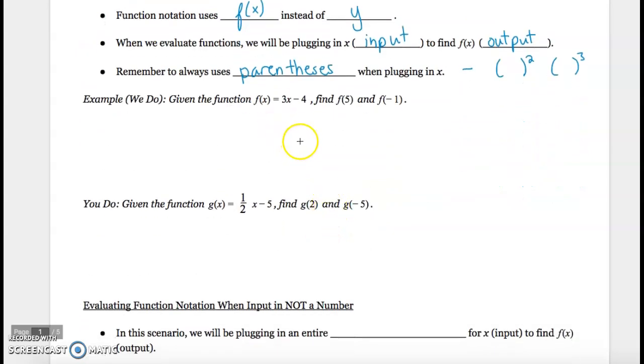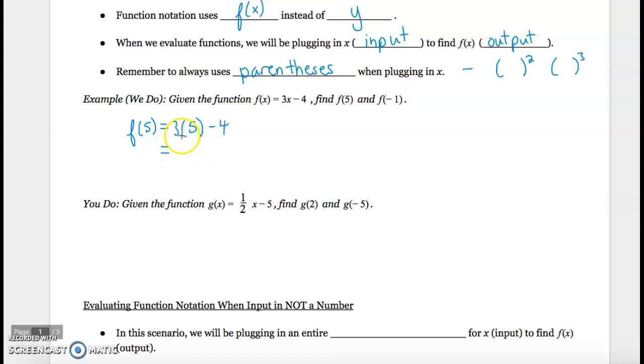So let's do a couple of examples when we're just finding inputs that are numbers and figuring out what their outputs are. If I am given the function f of x equals 3x minus 4, and I'm asked to find f of 5, all it's saying is that everywhere that there is an input, an x value, I'm going to be plugging in a 5.